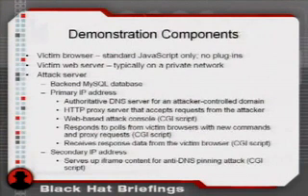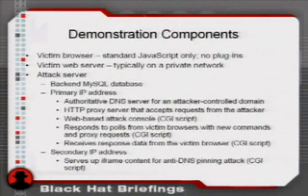Then on the primary IP address, there's a number of supporting functions. The authoritative DNS server for the attacker's domain is there. There's an HTTP proxy that accepts requests from the attacker's browser and forwards them to the payload running on the victim browser. There is finally a multifunction CGI script that does a number of functions.